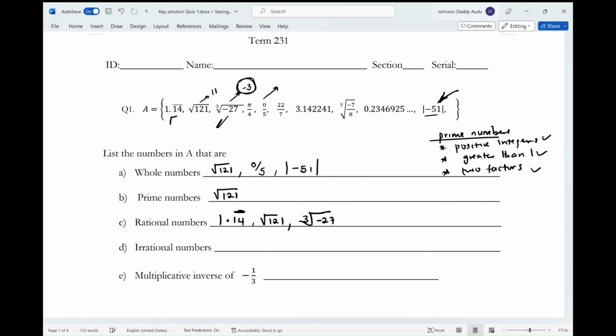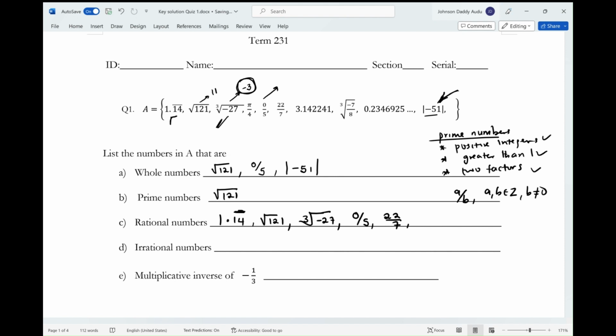Remember, a rational number is any number you can write in the form of a over b, where a and b are integers and b is not equal to 0. So pi over 4 is not a rational number because pi itself is not an integer. But 0 over 5 is rational. 22 over 7 is rational.